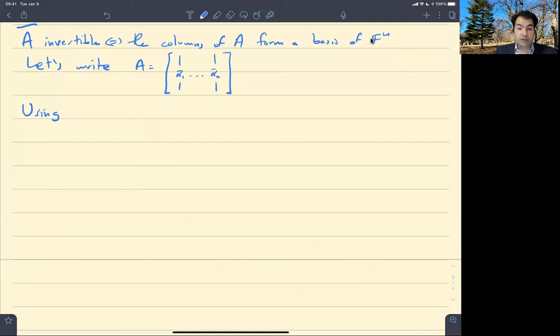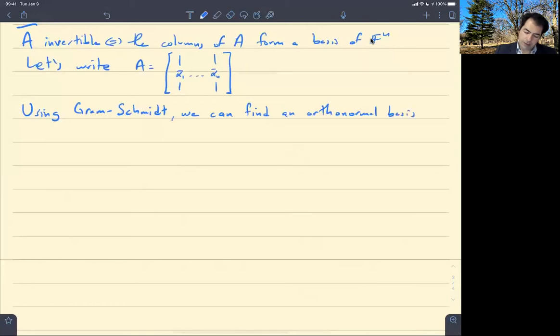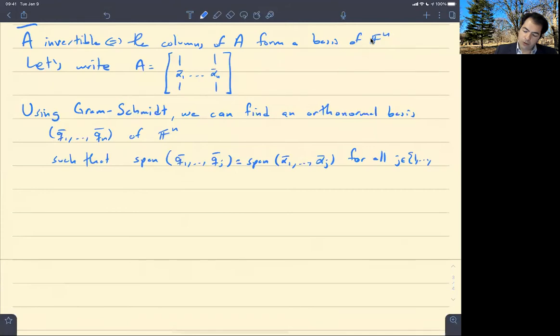Well, we know how to go from a basis to an orthonormal basis. We use Gram-Schmidt. So using Gram-Schmidt, we can find an orthonormal basis of Fn, let's call it Q1 through Qn, such that the span of Q1 through, say, Qj is equal to the span of alpha 1 up to alpha j for all j between 1 and n.